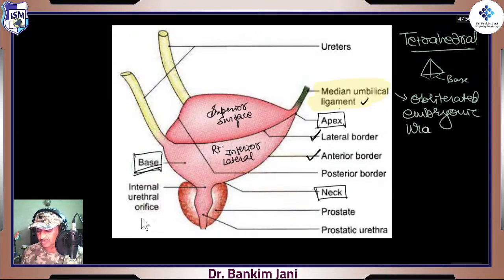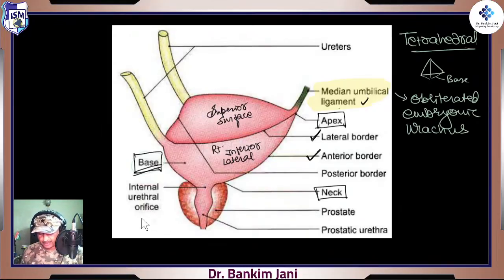And what was that urachus? You know that, right? Allantois, the distal part. And that proximal part was utilized in the formation of the urinary bladder, right? So now things are falling into place.